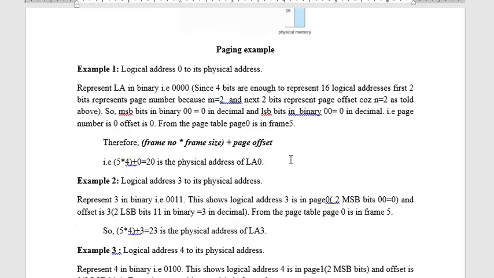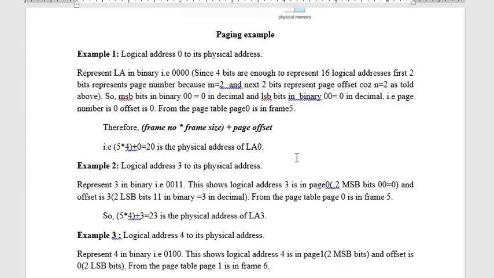So how do we translate that? Represent the logical address 3 in binary. That would give you 0011, because 4 bits are enough to represent the 16 addresses, same theory. So 0011 is the binary version of decimal 3.